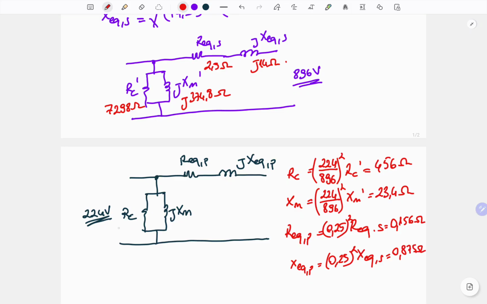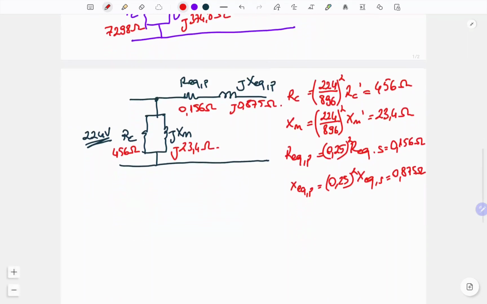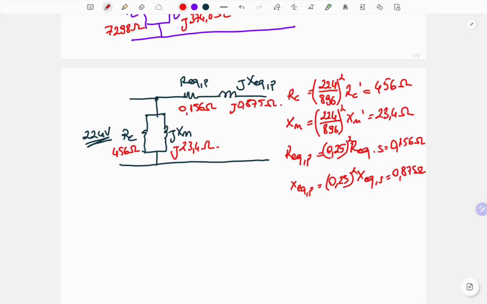So we should clarify the equivalent circuit with the values of these parameters, and we can obtain the full equivalent circuit for primary and secondary referred cases. And then we can calculate the voltage regulation to examine the performance of the transformer.